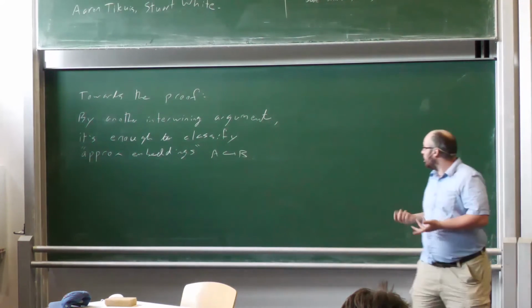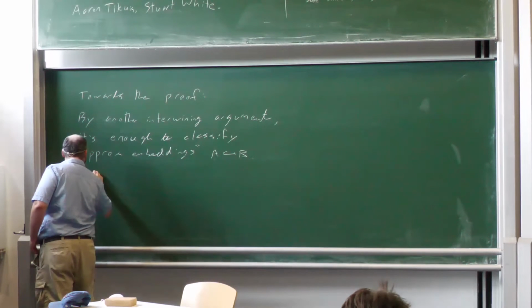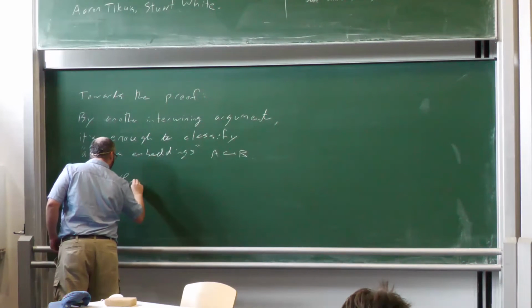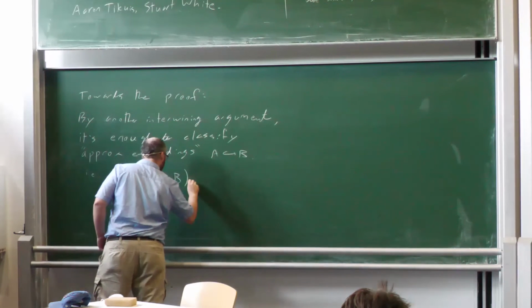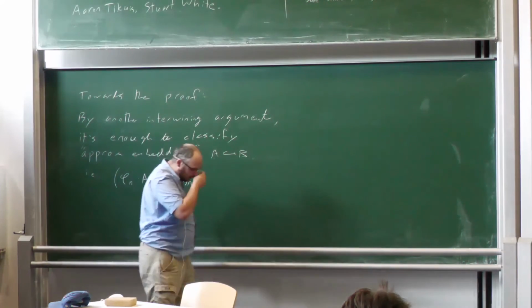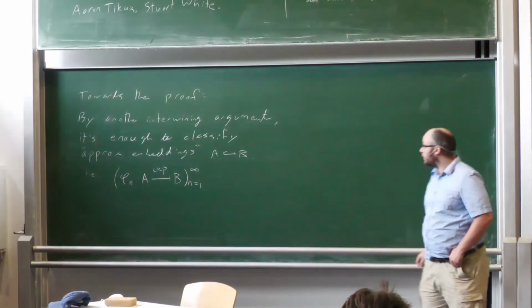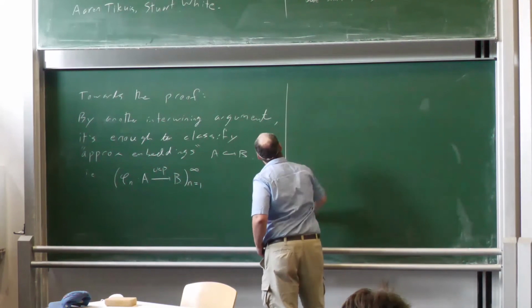So you'd have a whole sequence of maps, phi n from A to B. Let's assume they're unital completely positive, but you could relax that to some extent. And as n goes to infinity, they behave like homomorphisms.